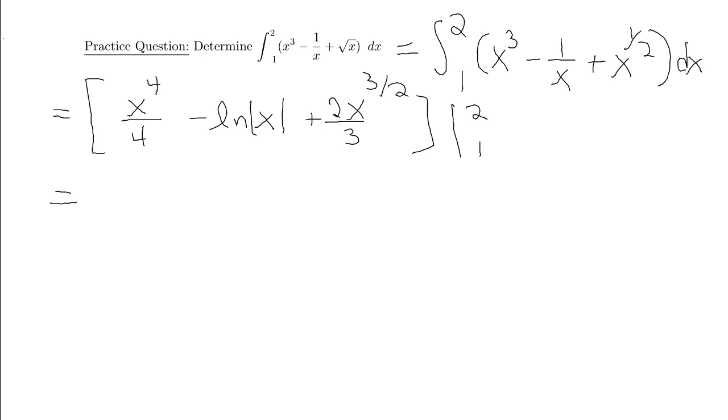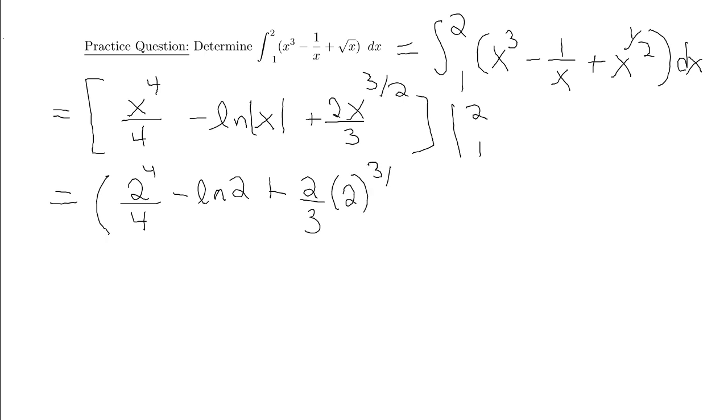So now evaluating it, we start by plugging in the top bound first. So we're going to have 2 to the 4 over 4 minus ln 2 plus 2/3 times 2 to the 3/2. Okay, minus evaluating at our bottom bound. So that was going to be 1 to the 4 over 4 minus ln 1. We know that ln of 1 is 0, plus 2/3 times 1 to the power of 3 over 2.